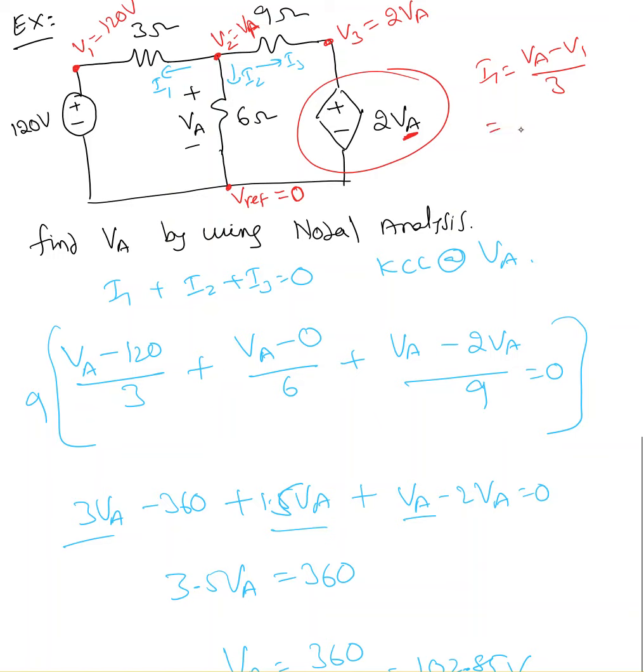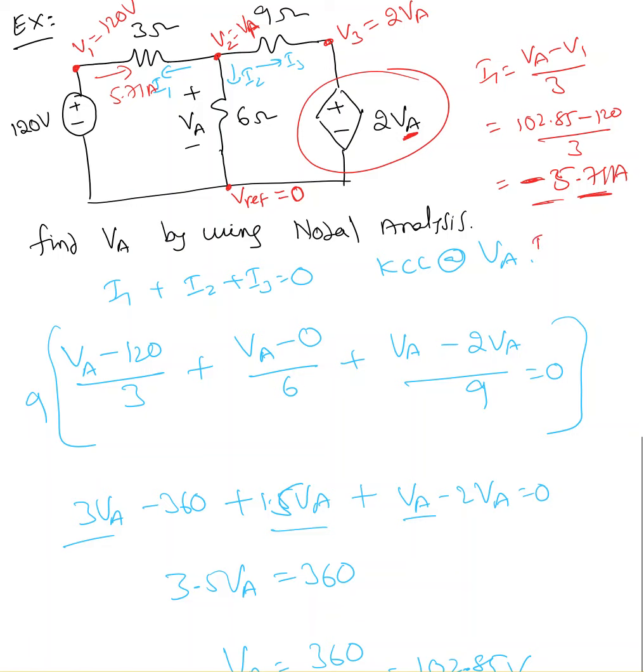So I have VA as 102.85 minus 120 over 3, that is minus 5.71 ampere. Whenever you see this negative, I chose I1 flowing from V2 to V1, but in reality it is flowing in the opposite direction. That's the reason you have negative. So 5.71 ampere current is coming in this direction.